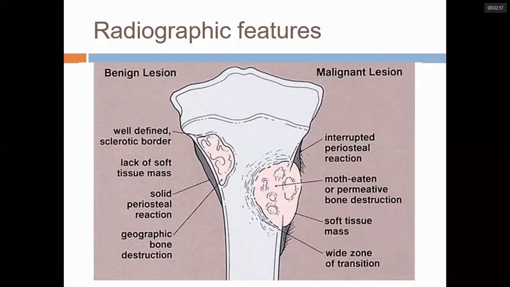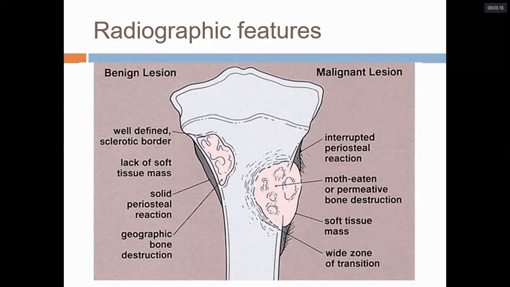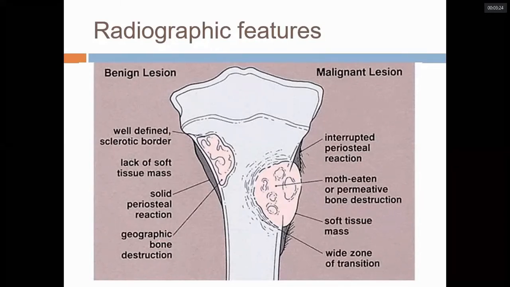So benign bone tumors are well defined and have sclerotic borders, whereas malignant bone tumors are moth-eaten or permeative type with a wide zone of transition.